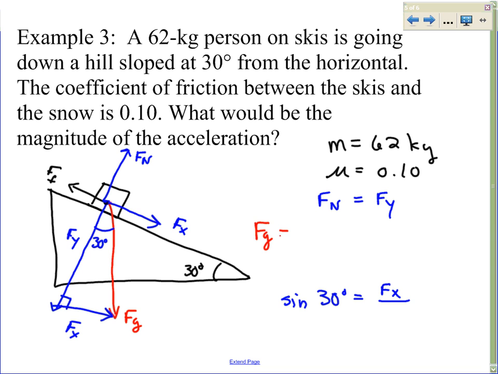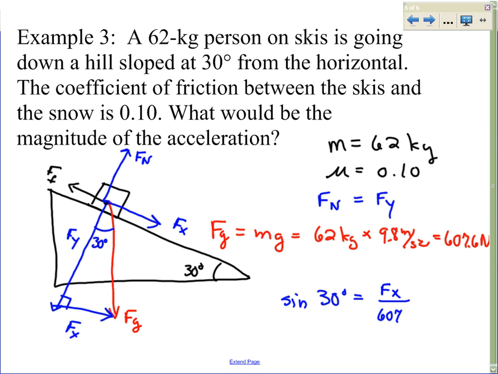Fg is equal to m times g, which is 62 kilograms times 9.8 meters per second squared. The weight of this skier is 607.6 newtons. So I needed to put my weight down here.